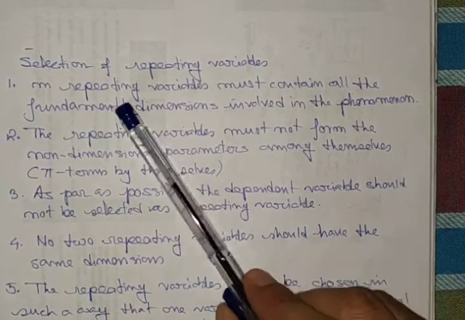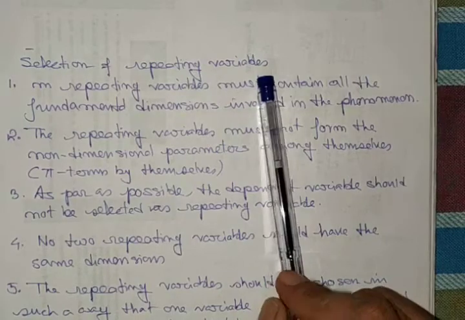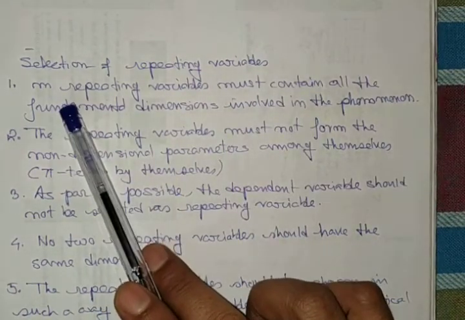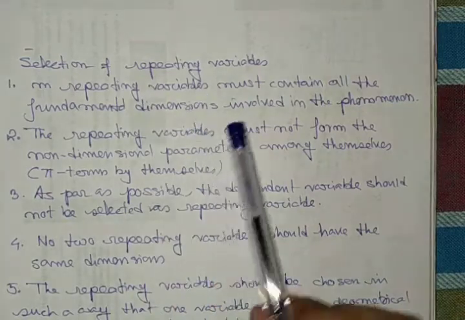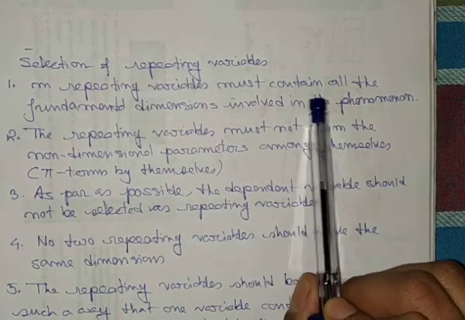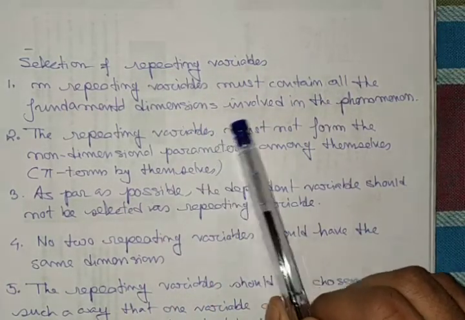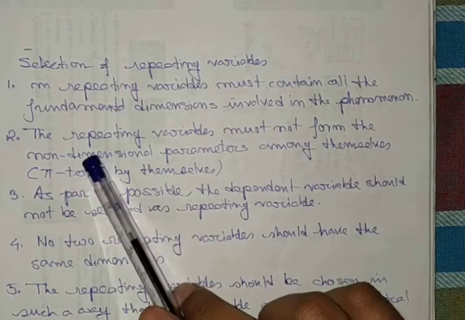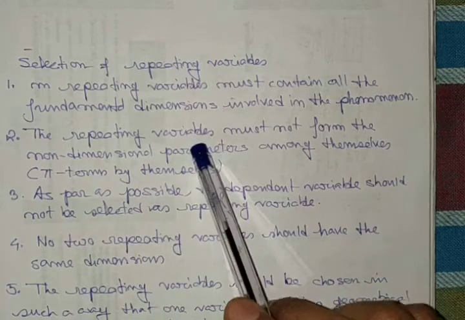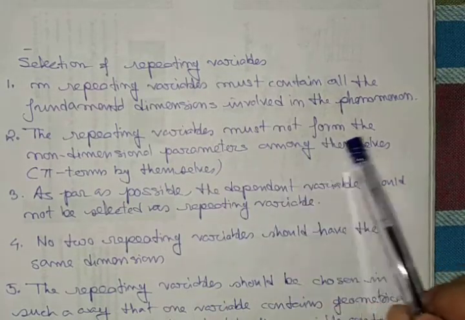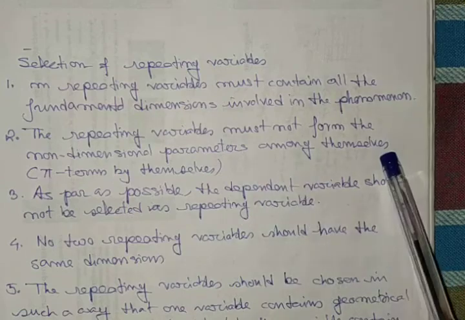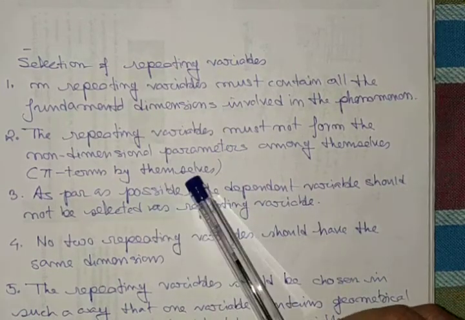So let's talk about the selection of repeating variables, which is very important. Number 1, the m repeating variables must contain all the fundamental dimensions involved in the phenomenon. Number 2, repeating variables must not form non-dimensional parameters among themselves, that is, pi terms by themselves.